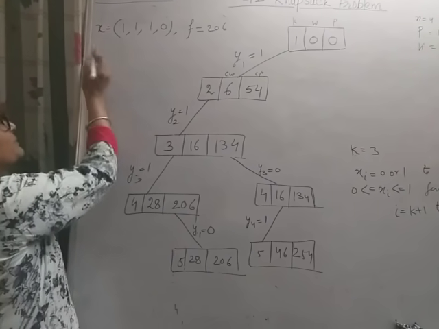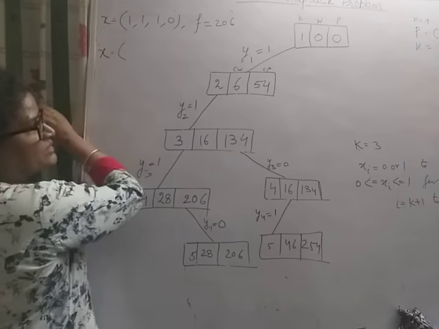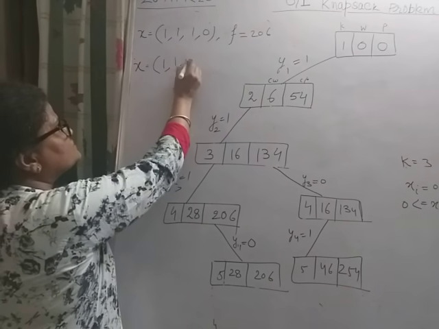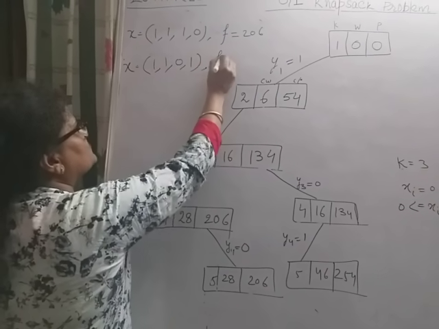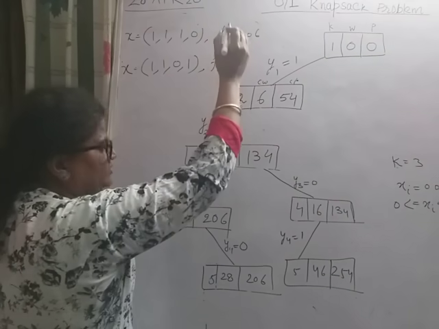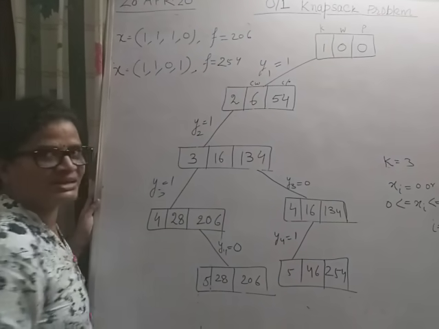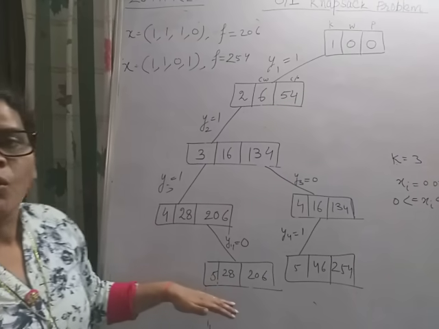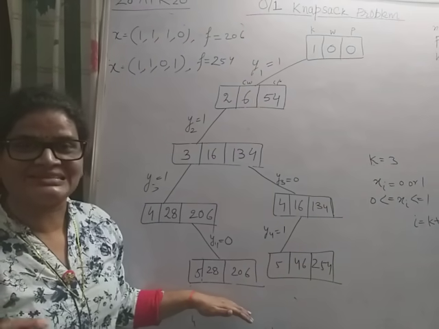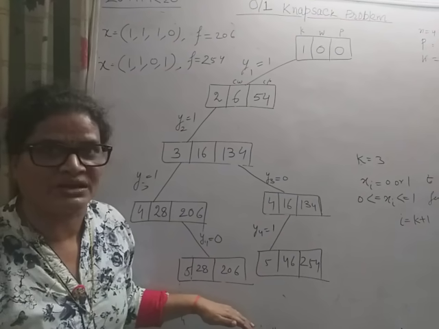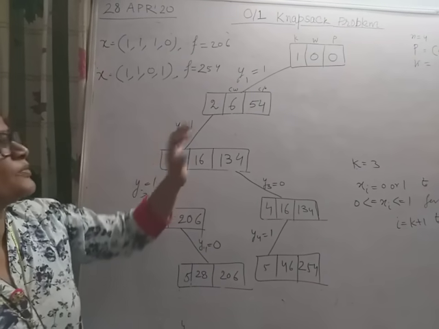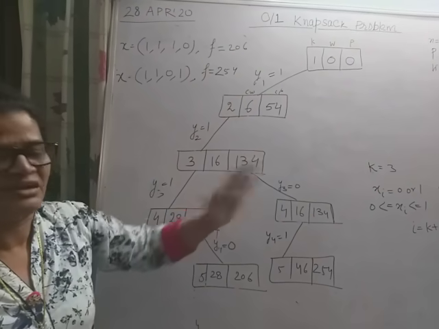The new updated solution vector will be 1101, and its profit is 254. So the solution vector generated so far has profit 254.